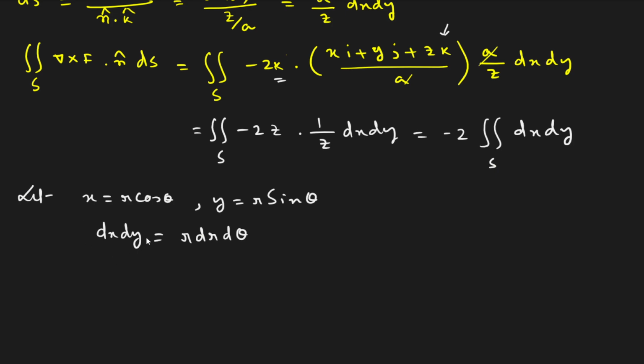If in Cartesian form the area is dx dy, then in polar form it will be r dr d theta.